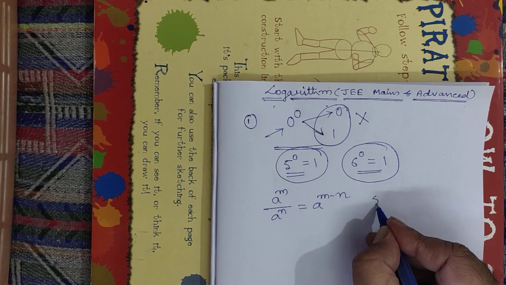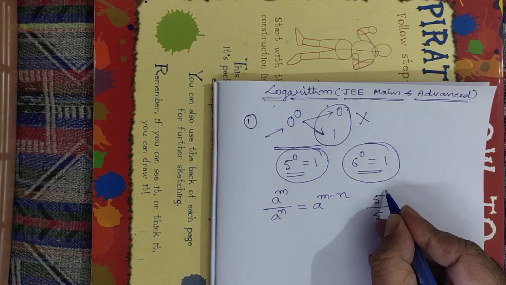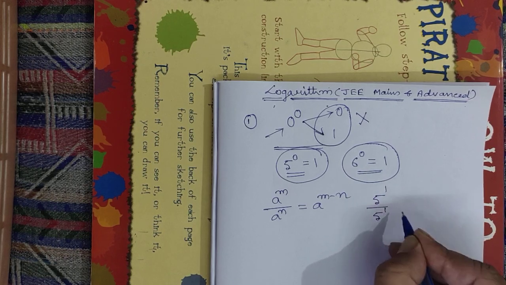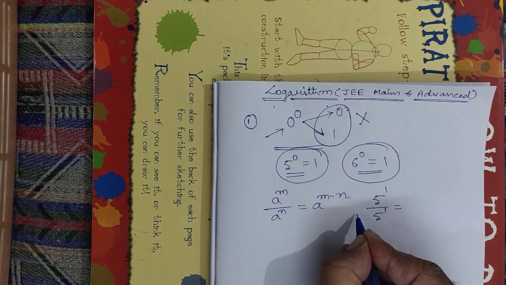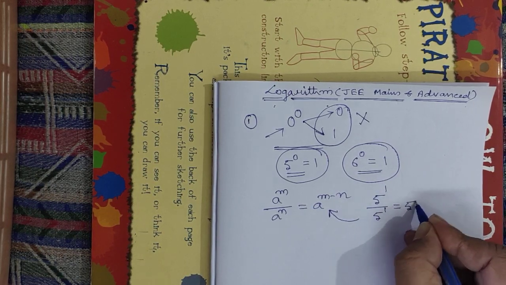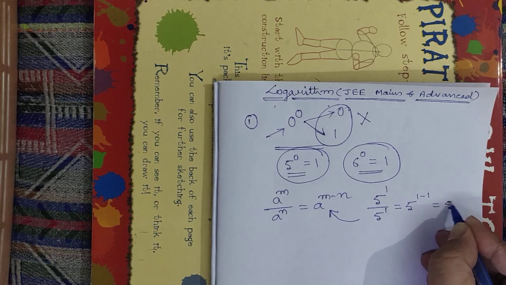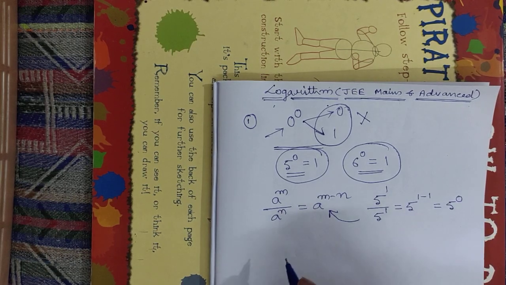So when I write 5 divided by 5 means 5 to the power 1 by 5 to the power 1. If I use this law of exponent here, you would get 5 to the power 1 minus 1, that is equal to 5 to the power 0.